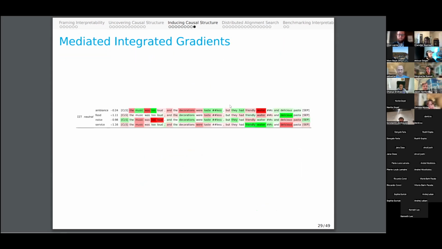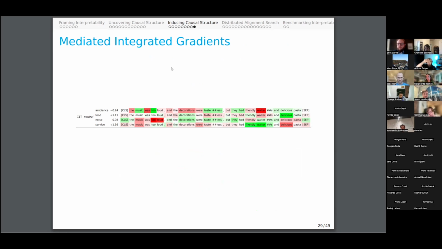Yeah, and then a really nice little fact about this network, which is induced to have these localized concepts, is that you can do integrated gradients, but mediated through where we localize the concepts.